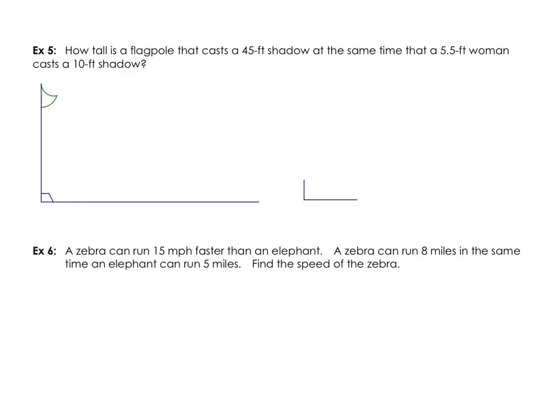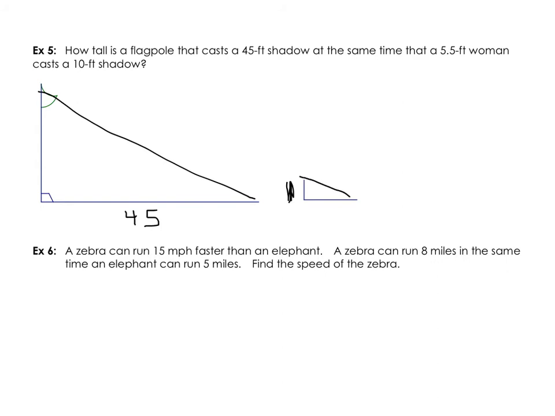So example 5: how tall is a flagpole that casts a 45-foot shadow at the same time that a 5.5-foot woman casts a 10-foot shadow? Well, we've got a drawing here. We've got the flagpole, and the woman is right here. So, the flagpole casts a 45-foot shadow. Let's think about that as a right triangle.